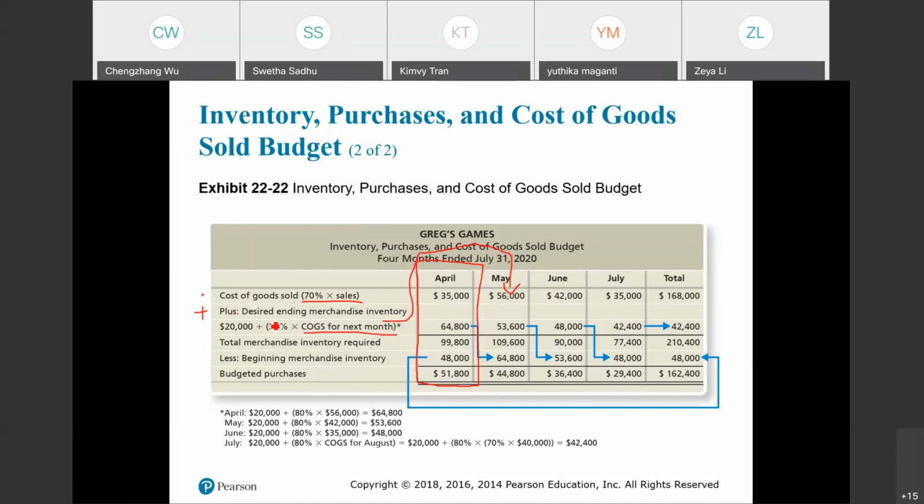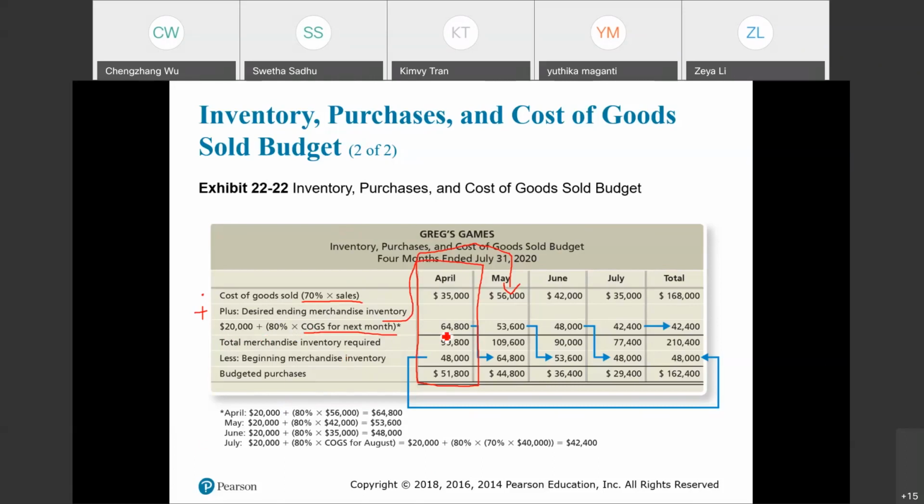Okay, for April, we know all of these three elements. One is $20,000, which is the base, plus the rate, which is 80% times COGS for the next month. That is how you get 64,800.